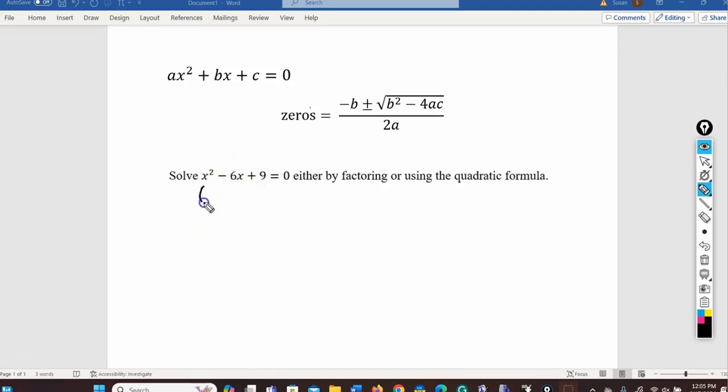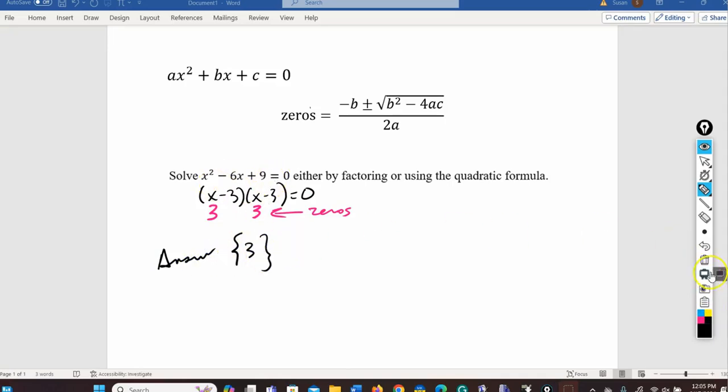Well, negative 3 and negative 3. So you can see what are the zeros. Well, if x is 3, it makes the whole thing 0. So I have 3 as a 0, and it's repeated, but there's only one answer. The answer is 3. That is the solution to that.